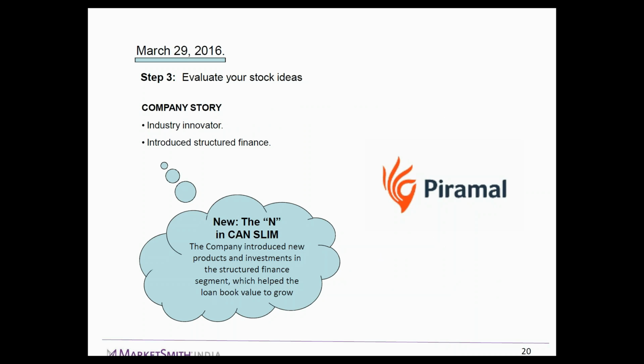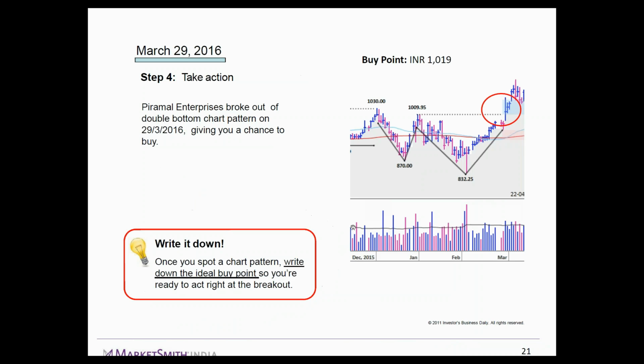We wanted to be very convinced about the company so that it could give us a good return going forward. We found that at that point of time, the company was getting into the structured finance business, and this segment helped the company grow its loan book and was one of the major revenue generating segments for the company.